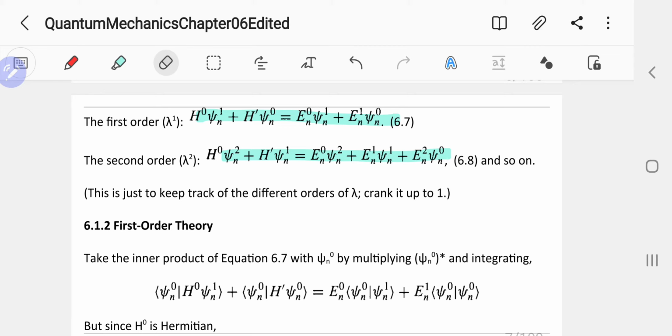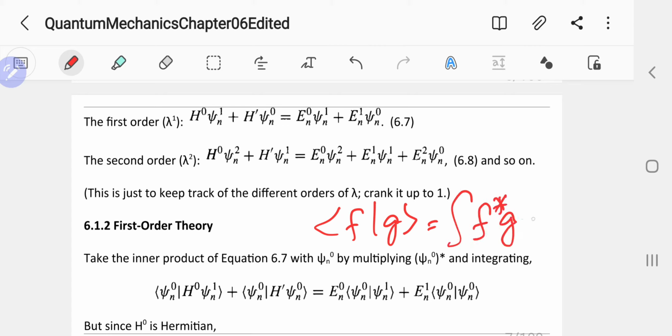By the way, as you know, when you have the inner product of A, B, this is actually equal to A star B. This means this is a conjugate of A. And when you have an inner product, if you have two functions f and g, this is just f star g, d some variable, dx, say for example.